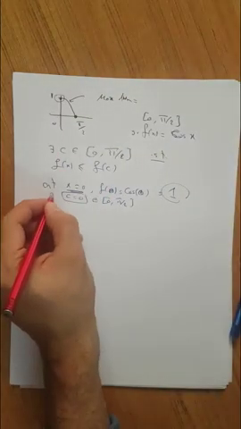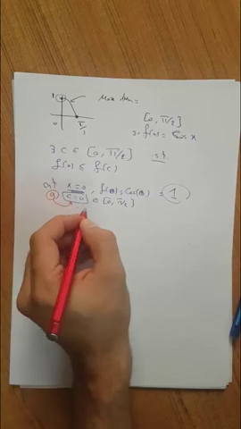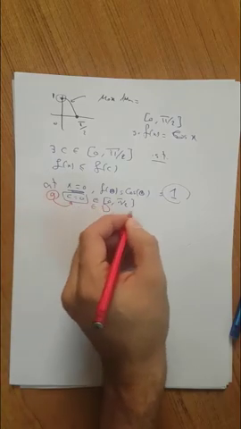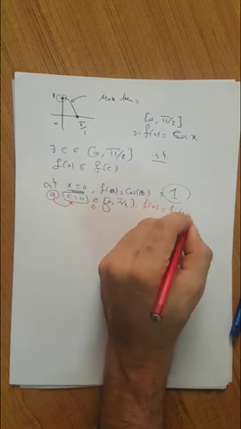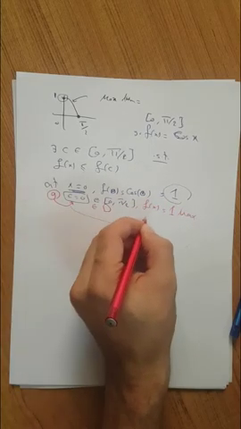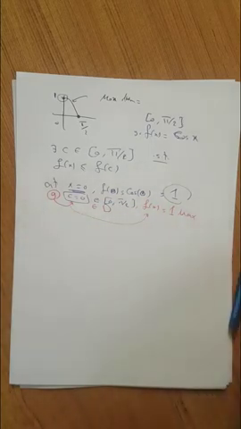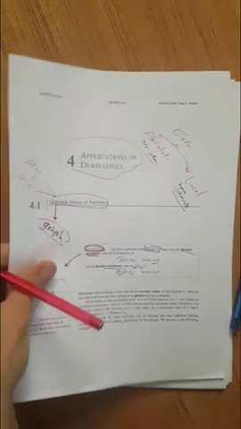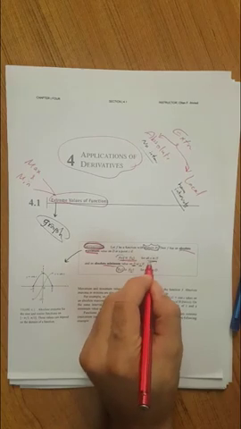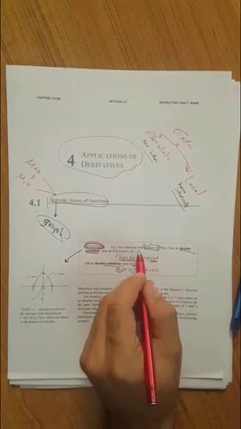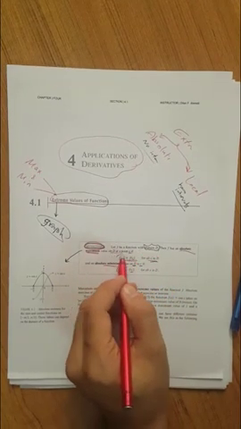At this point in the domain, the function f of x has the maximum value. That's how we find c. This is about how to understand this definition. So for all x in the domain, you will find the c in the domain, at c. That's the point.